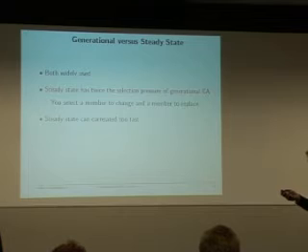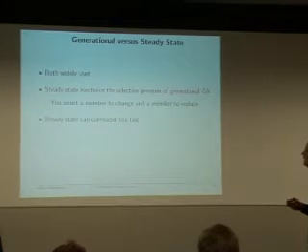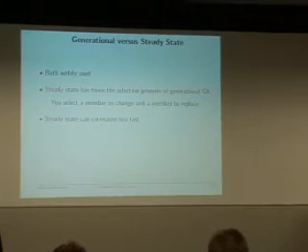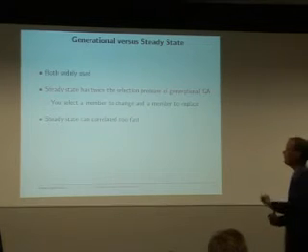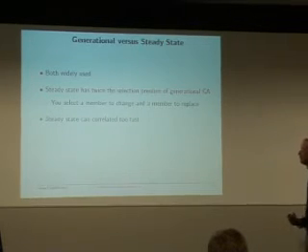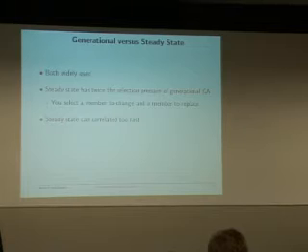But actually steady state GAs have twice the selection pressure of a generational GA, because you select the members you're going to mutate, reproduce and duplicate, but you also select the member that you remove.